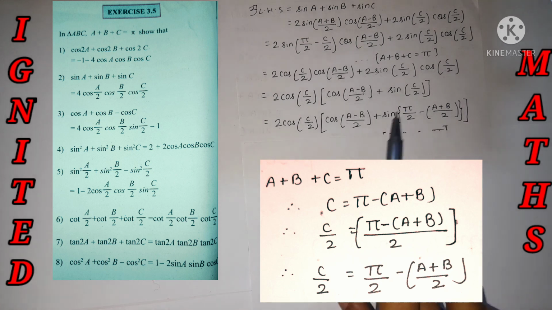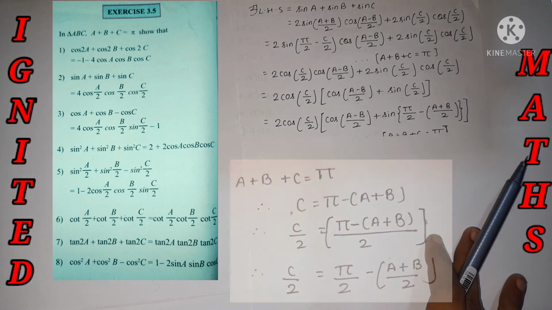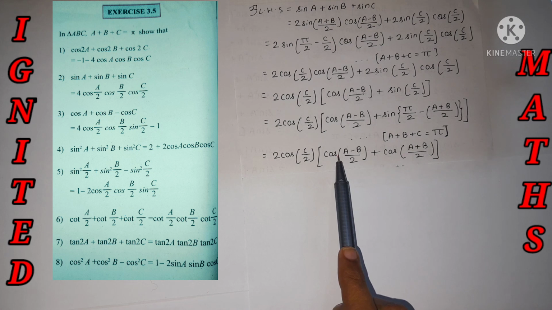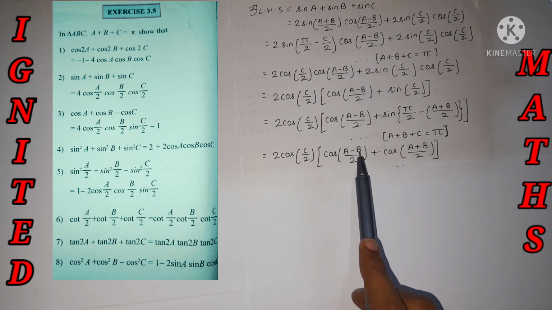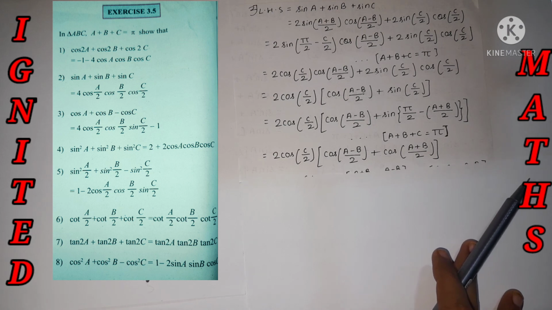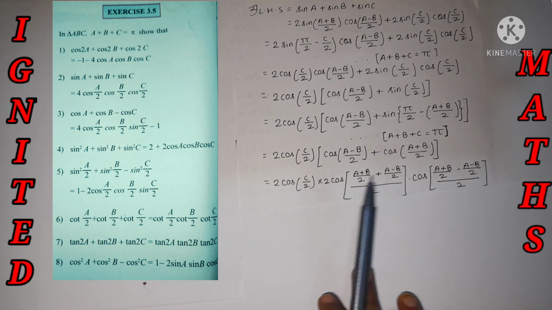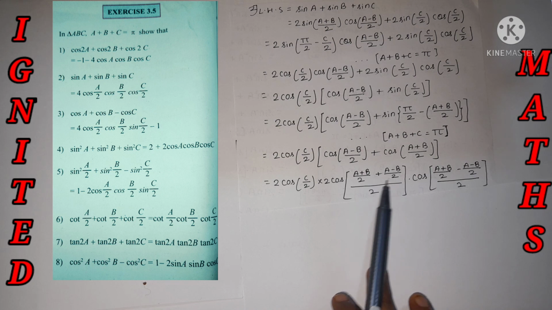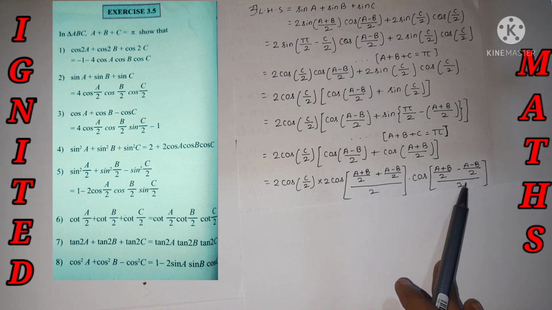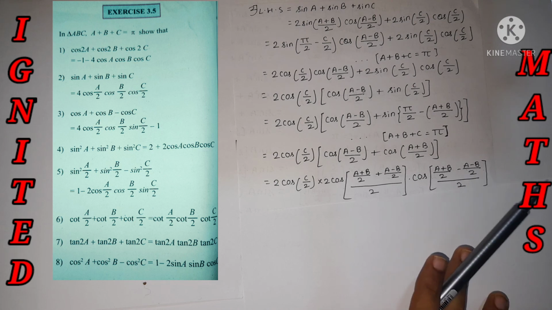Again, sine (pi by 2 minus theta) is nothing but cos theta. Can we use the formula over here? Cos (A minus B) by 2 plus cos (A plus B) by 2 is nothing but 2 cos of ((A plus B) by 2 plus (A minus B) by 2) divided by 2, into cos of ((A plus B) by 2 minus (A minus B) by 2) divided by 2.